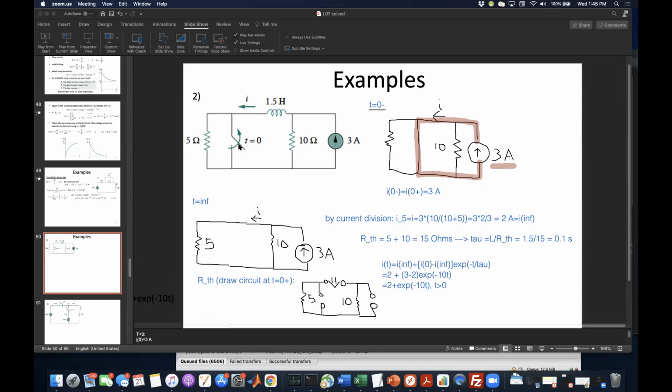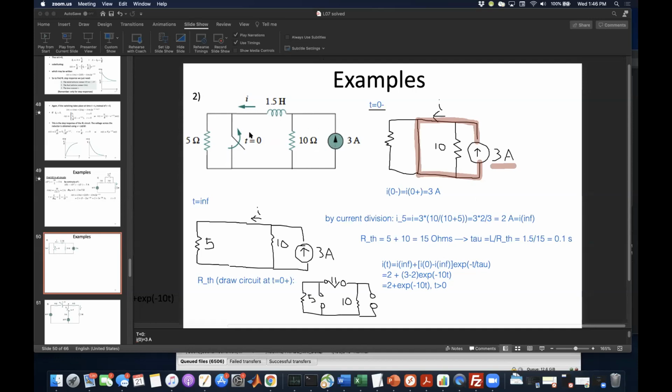Or sorry, it starts from a value of 3 and it ends up at a final value of 2. Before this switch goes from the closed position to the open position, all 3 amps are flowing through the inductor.